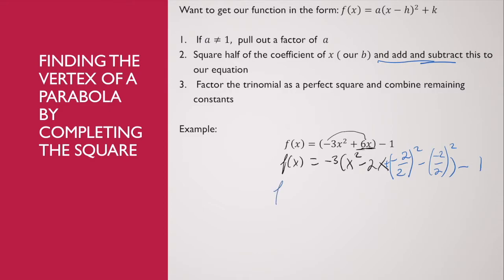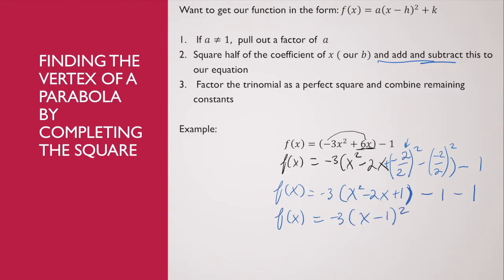So I have f of x is -3 times x squared minus 2x. -2 divided by 2 is -1, squared is positive 1. This part is a perfect square trinomial. So it's going to factor to f of x equals -3 times x minus 1 squared. And I combine my constants for a -2.